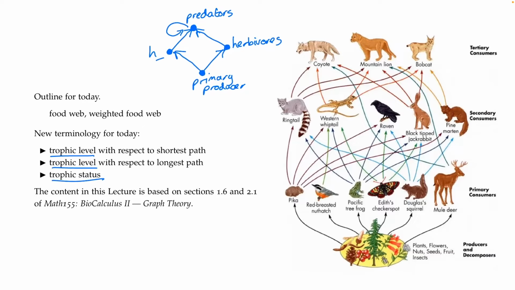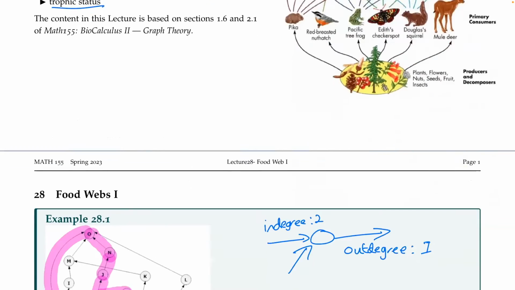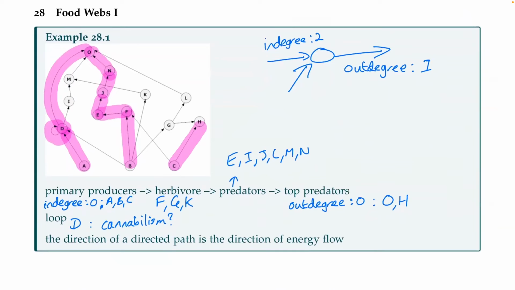Okay, so hopefully you guys have met food webs before. Who's met food webs before? Okay, great. So the actual context should be fairly familiar to you guys, so I won't dwell on what a food web is. What I will talk about a little bit, though, is that we're applying these ideas of directed graphs or digraphs that we discussed the other day. A directed graph is basically just a graph that has some arrows on it.